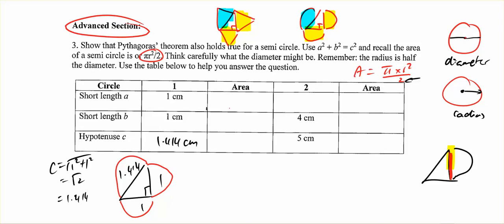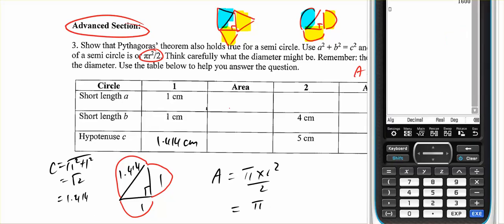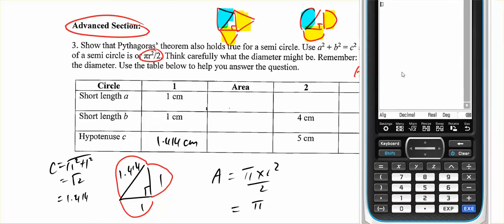Okay, how do I actually use the formula? So on your calculator or on your paper, this is what you're going to do. You're going to go area equals pi times r squared divided by 2. Okay, pi is actually just a number on the calculator, okay? I don't actually have the calculator you have, so I'm going to use my one.